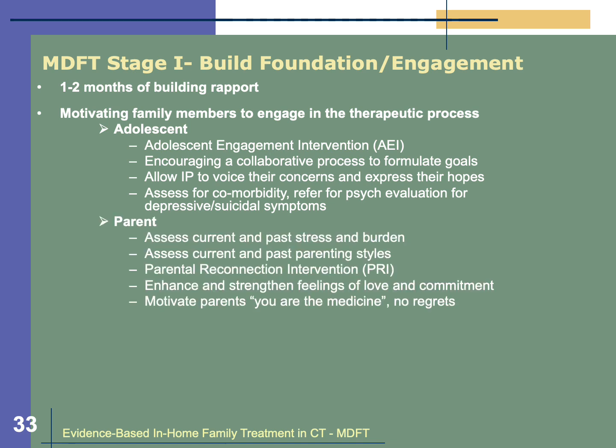But then we do something similar with the parents. And so we look at what's going on for them right now and what's going on in the past, what they're doing right now to parent the child and what they've done in the past. And what we're doing is essentially getting parents to understand that something can be done, but that they're the medicine, that if we work with them, we can help the family change.